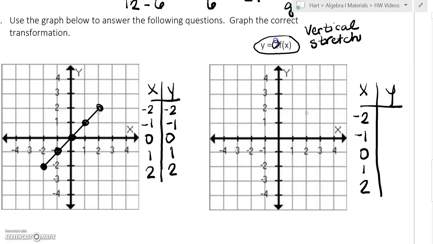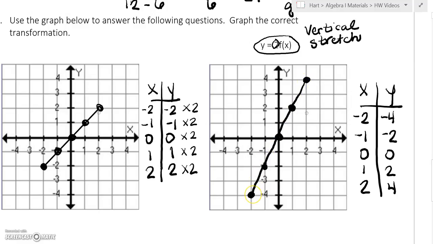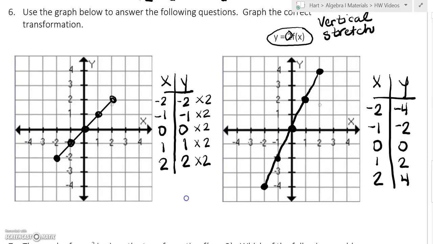They're going to get twice as big. So we're just going to multiply them all by 2. So that would give us -4, -2, 0, 2, 4. So then you just graph those points on your grid. -2, -4, -1, -2, 0, 0, 1, 2, and 2, 4. And that is your transformation.